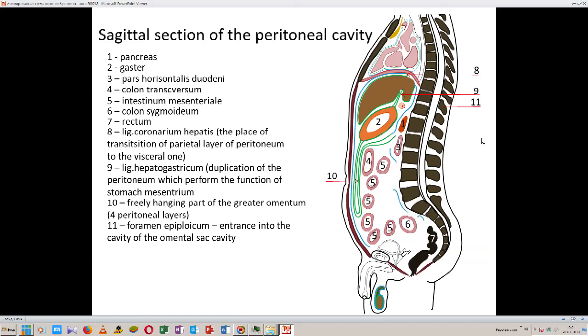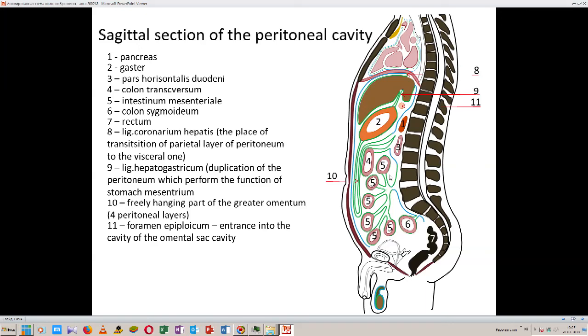Then I again draw the blue line which covers the posterior wall of the abdominal cavity. That means it was a parietal sheet, and then it begins green because here it became a visceral sheet.